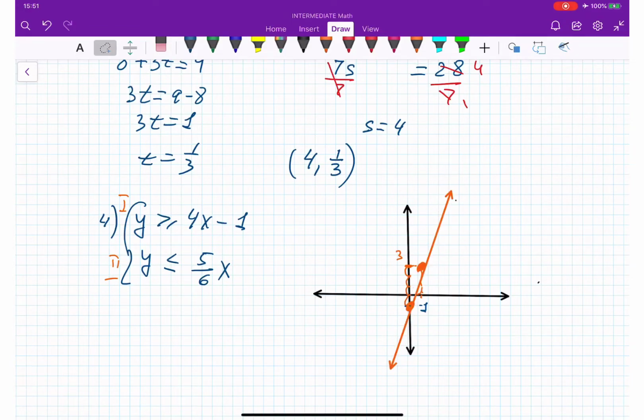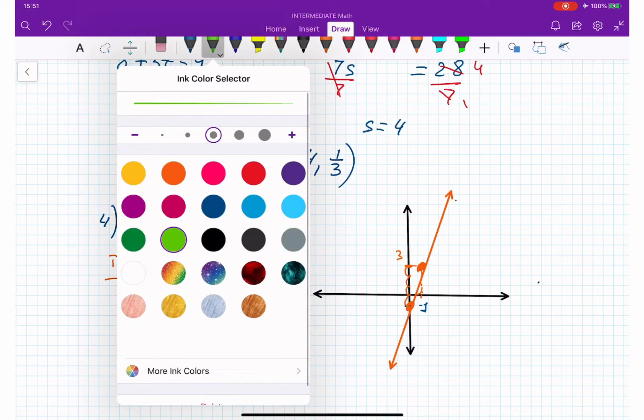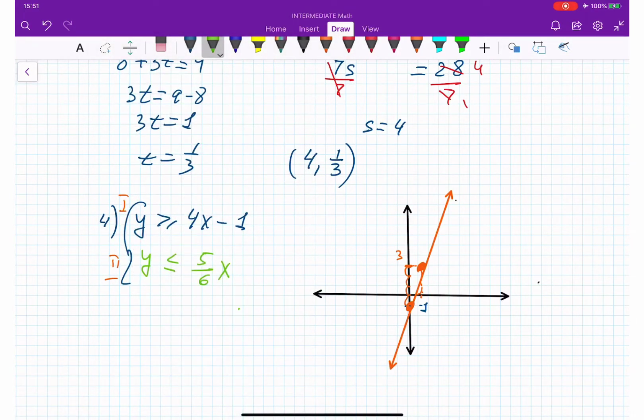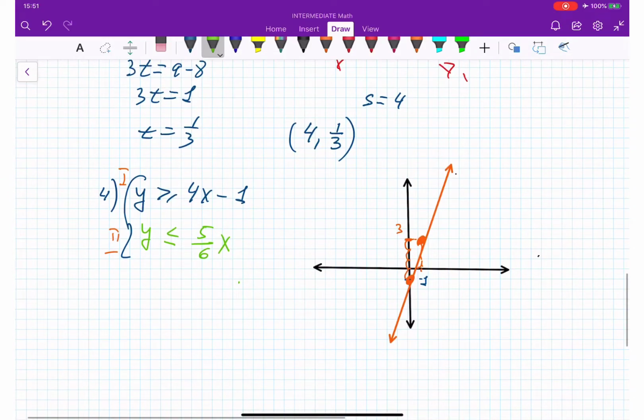Okay, now second one, let me change the color for the second one. Okay, so what do we have here? Since we don't have a constant term, this y-intercept is going to be 0, which means I'm starting from 0. And then I'm going up by 5, so 3, 4, 5, this is going to be 5, and then going by 6. 1, 2, 3, 4, 5, 6.